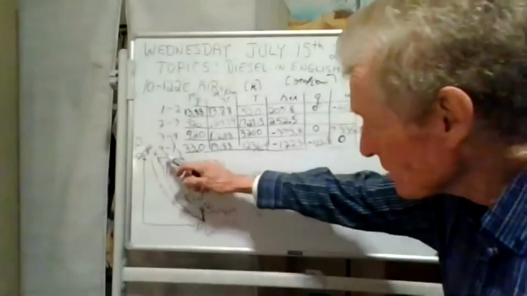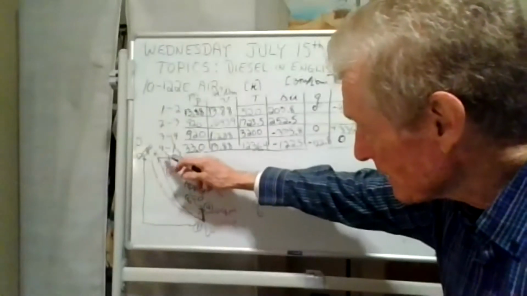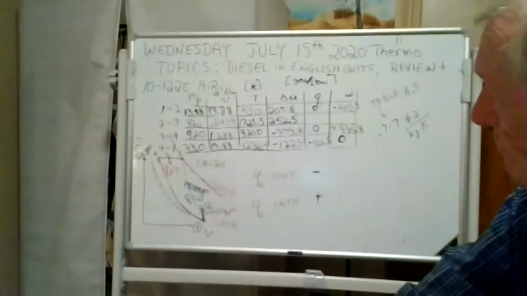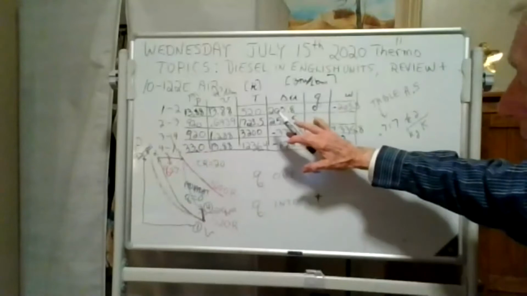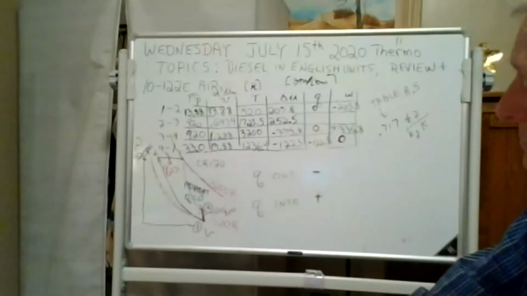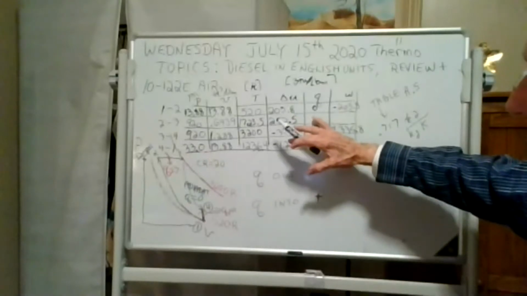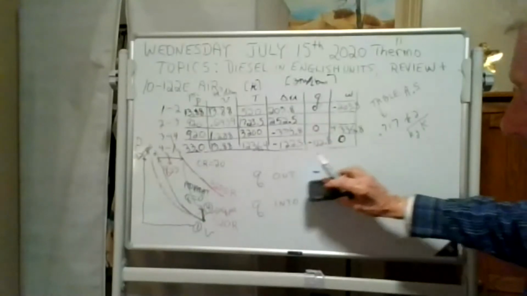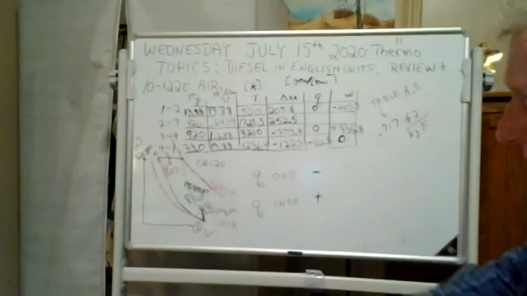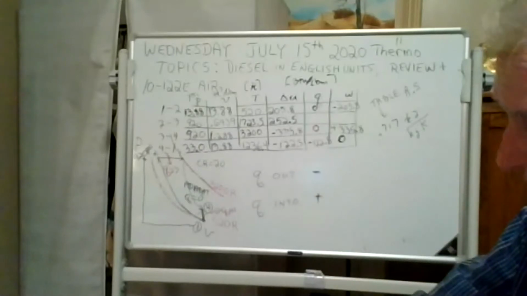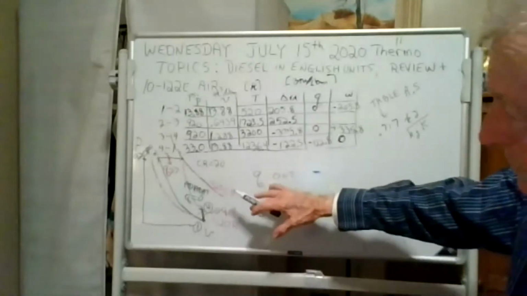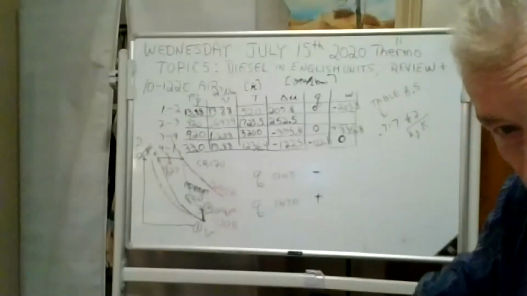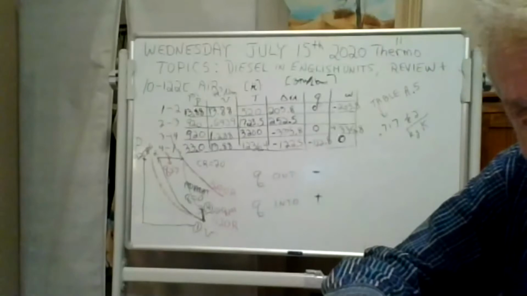Do you see this heat transfer here? It's going into your system. It'll be positive. Now we never did get the Q23, but we're going to get it now. But you need to know that. You need to know heat transfer is either plus or minus depending on whether it's going in or out.